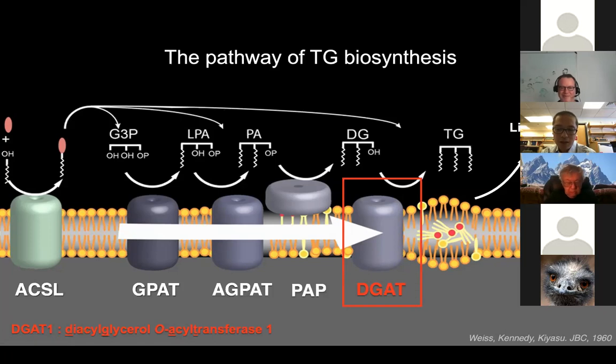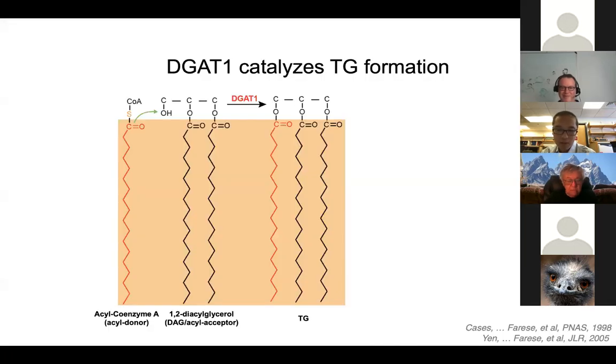So as Bob mentioned, this enzyme was first cloned by Bob. And if you look into the reaction catalyzed by DGAT1, it involves the break of the thioester bond in the fatty acyl-CoA, which is the acyl donor. And DGAT1 transfers this acyl chain to the OH group in the acyl acceptor.